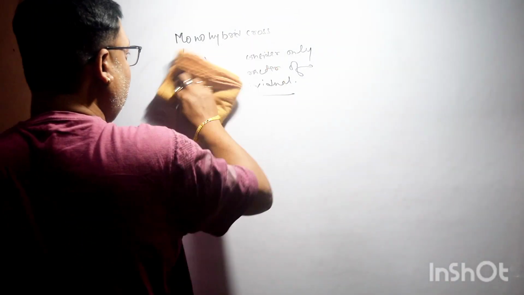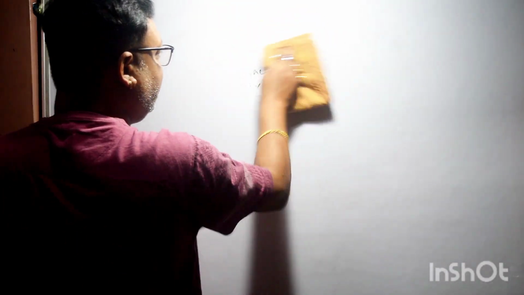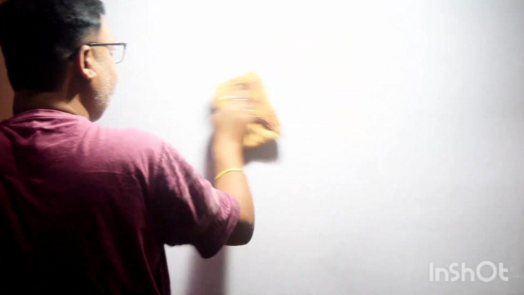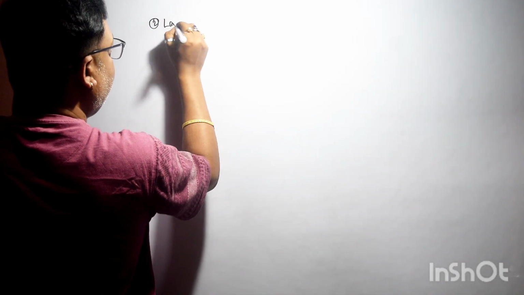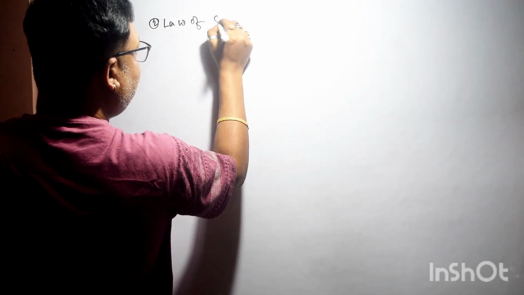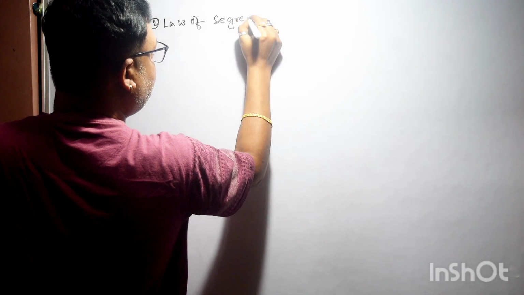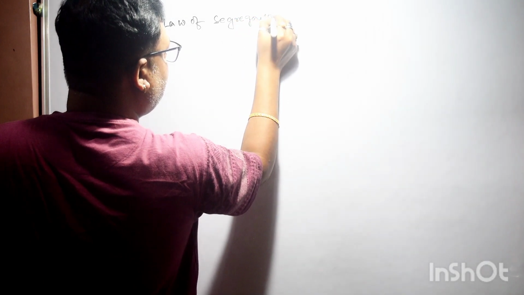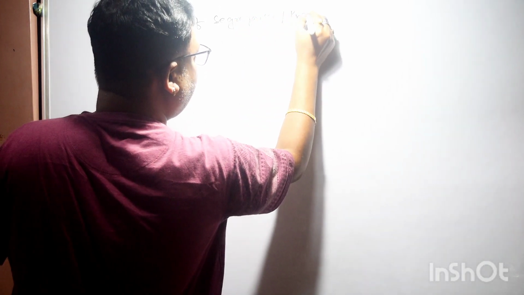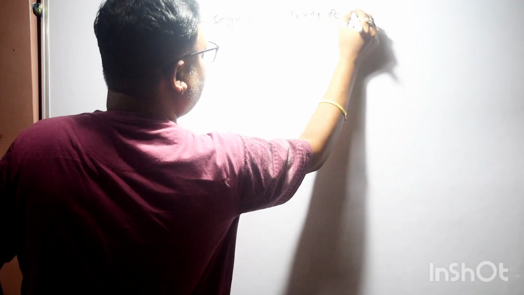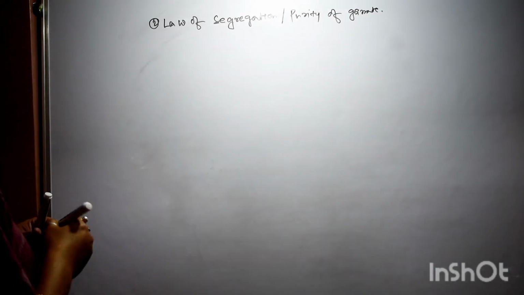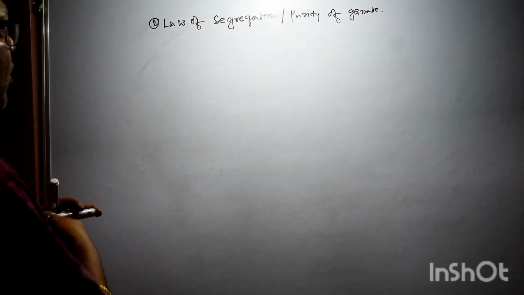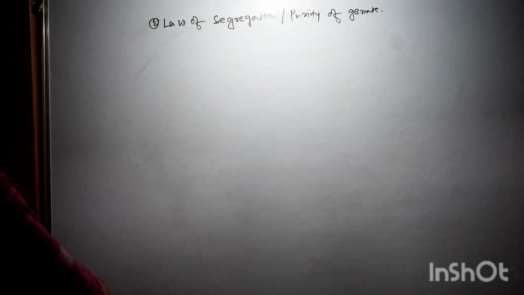Next, the second law is law of segregation or purity of gametes. This is the only law of Mendel which does not have any exceptions.